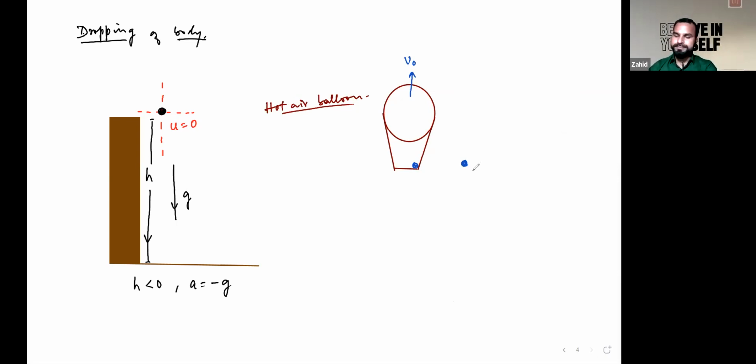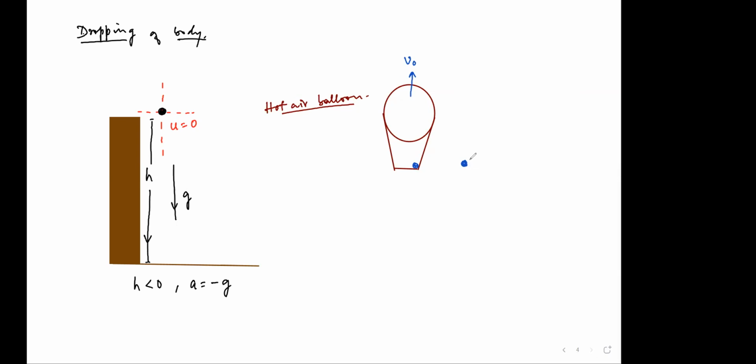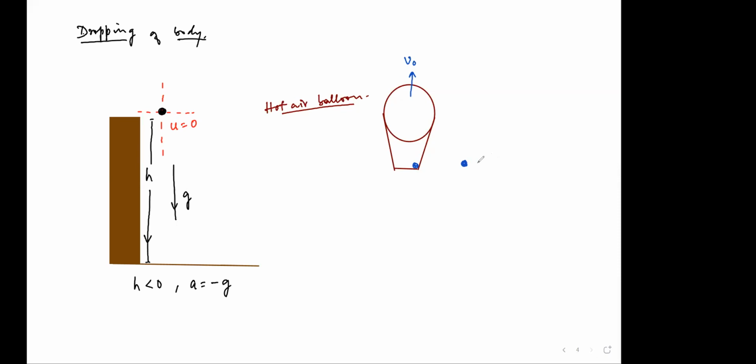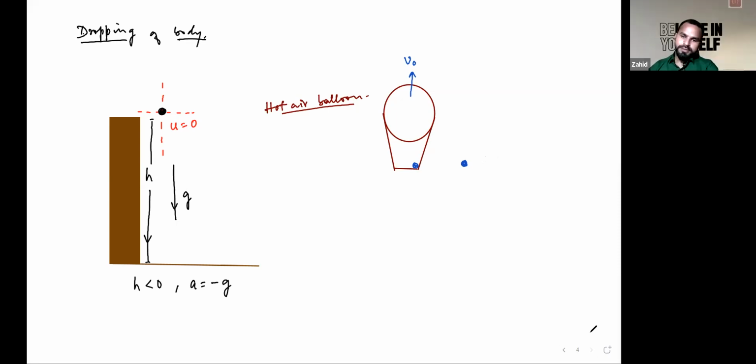Mariam? Downward. Okay. Just tell me, what would be the initial velocity of this particular object? Ikra? Zero. Zero. Zero.